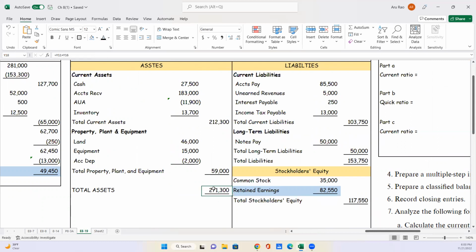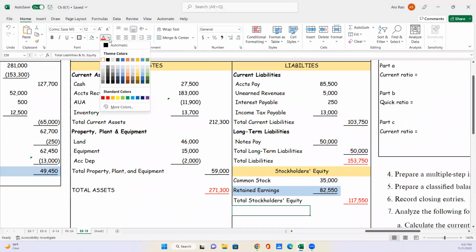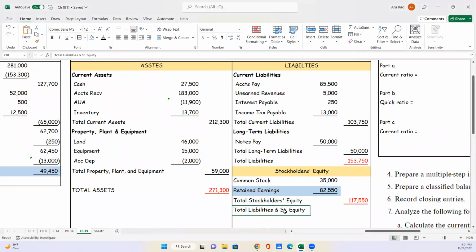We have one last step to do. And that last step is to do total liabilities plus total stockholders' equity. We add up these two numbers.